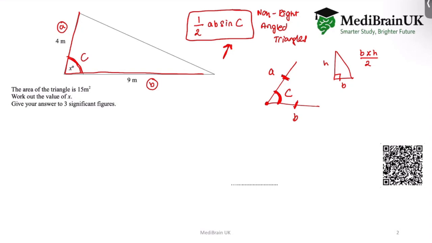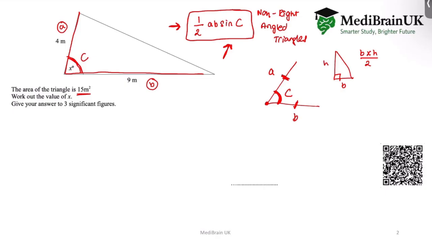Then what we're going to do is we're going to use this formula. Now, what has the question told us? The question has told us that the area of the triangle is 15 meters squared, and we need to work out what the angle C is going to be.